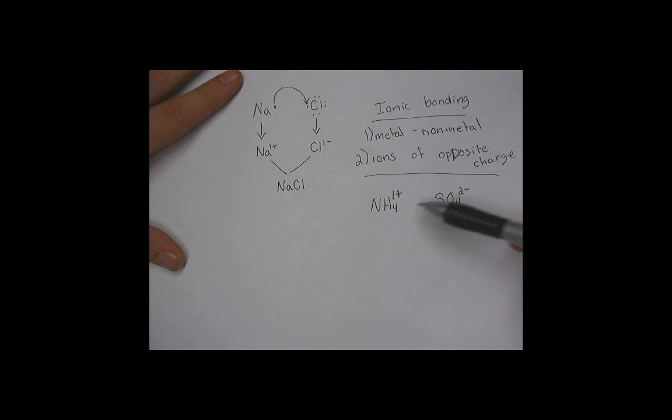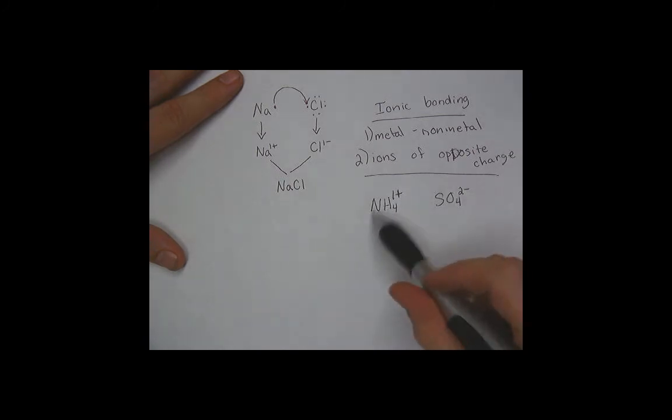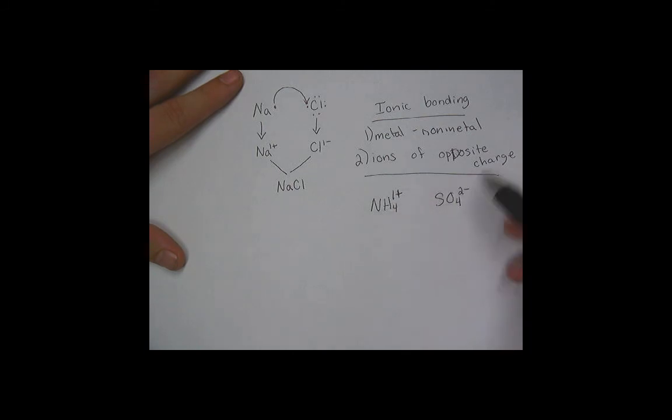Probably the most common mistake that I get here is you want to call it covalent because nitrogen's a nonmetal, hydrogen's a nonmetal, sulfur's a nonmetal, oxygen's a nonmetal. It's true that all of these are nonmetals. That's wonderful. However, we also talked about polyatomic ions and how they can substitute metals and nonmetals in ionic bonds.